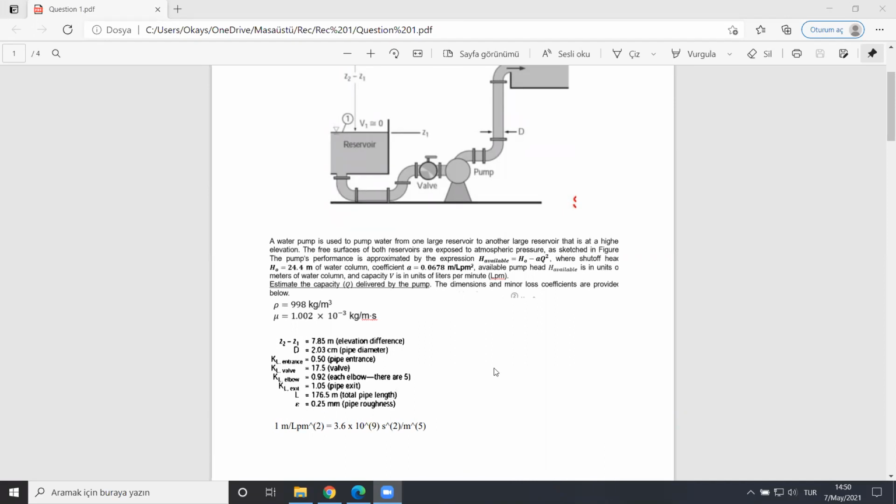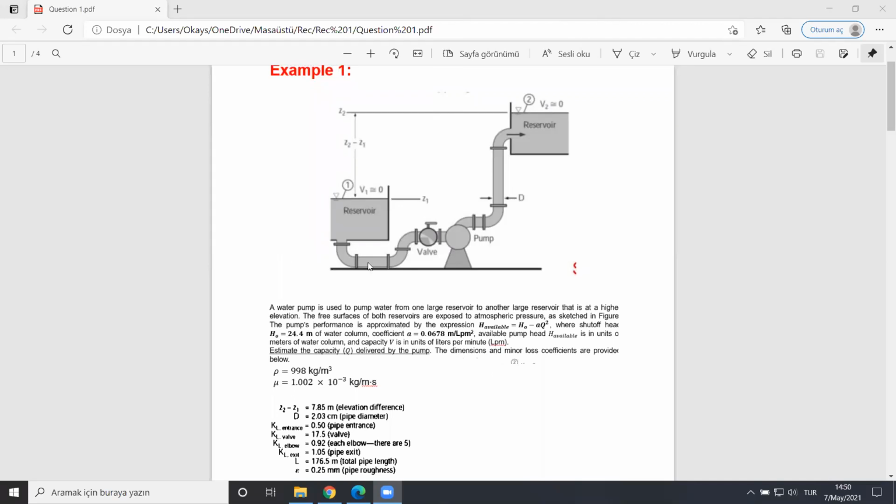For the elbow part, you can see we have 1, 2, 3, 4, and 5 elbows. So we will multiply this elbow K value, when we consider the minor head loss coming from the elbows, because you know the formula is the total K value.